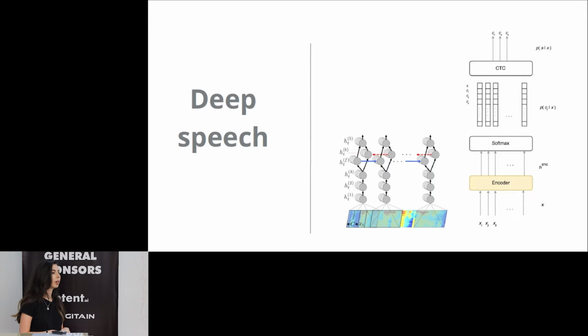The CTC-based algorithms are using hard alignment, where every frame corresponds to only one state, and they are using this to aggregate and achieve these soft alignments. They are also making an assumption that labels are independent in the label sequence. An example of this CTC-based algorithm is Deep Speech.